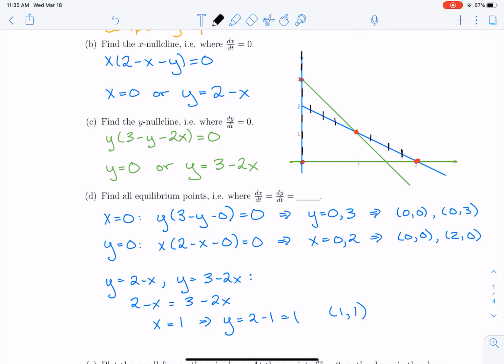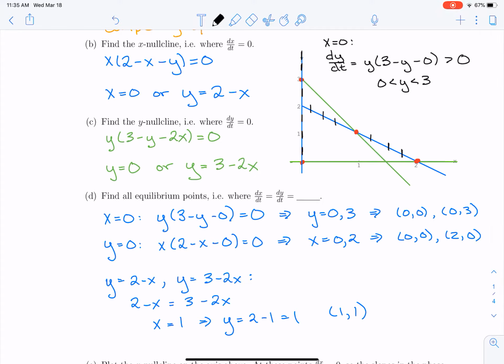So now I'm going to look at those specific nullclines and try to figure out whether those arrows should be pointing up or down. Looking at the x nullcline where x is equal to 0, I'm going to plug that into dy/dt. dy/dt in that case is y times (3 minus y minus 0). I'll notice that that quantity is positive when y is between 0 and 3.